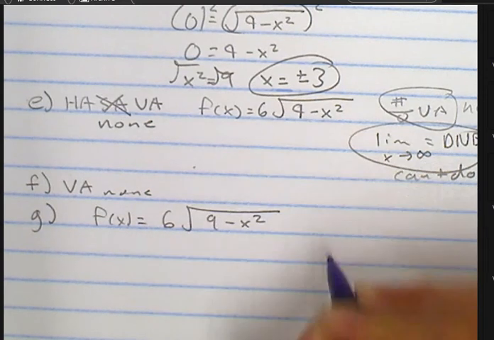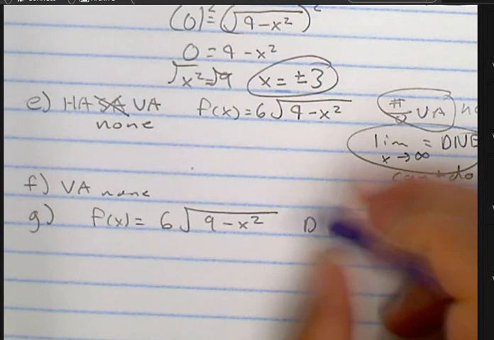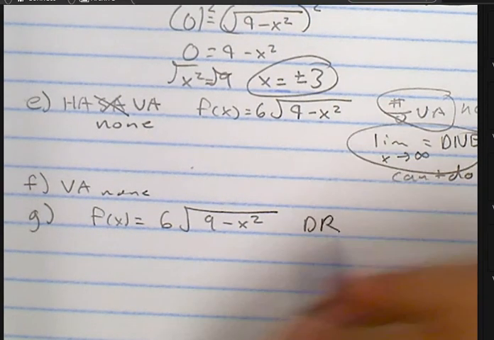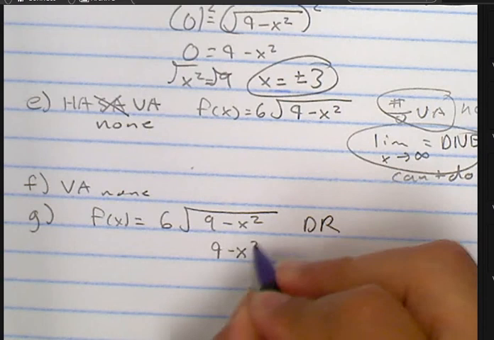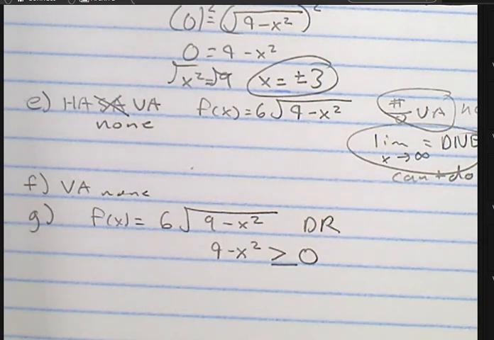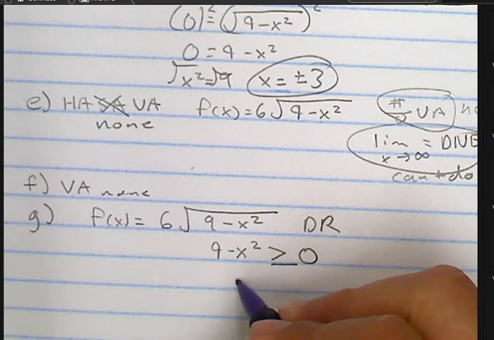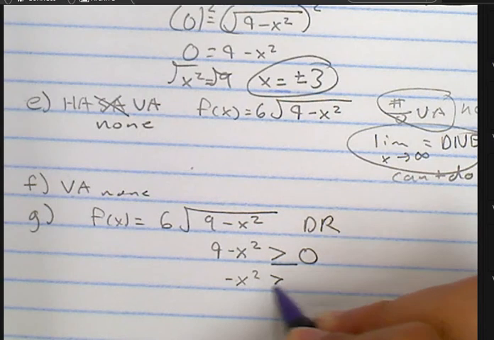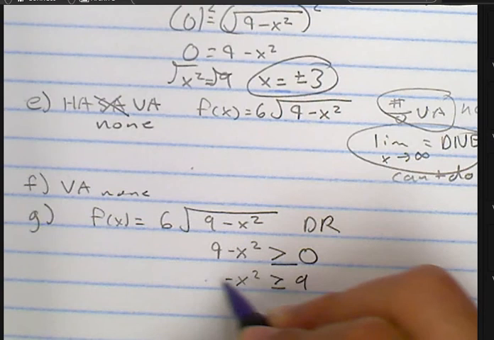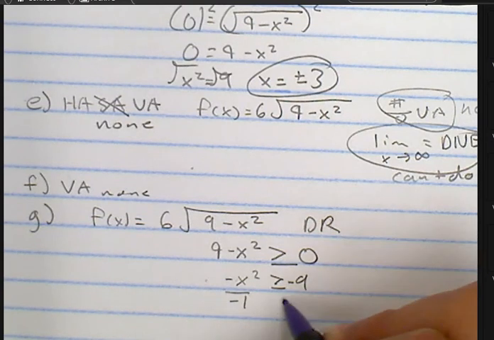The domain restriction here is that 9 minus x squared has to be greater than or equal to 0. So, solve. Alright, divide, and it flips.